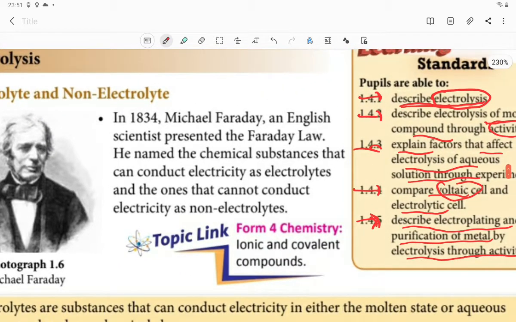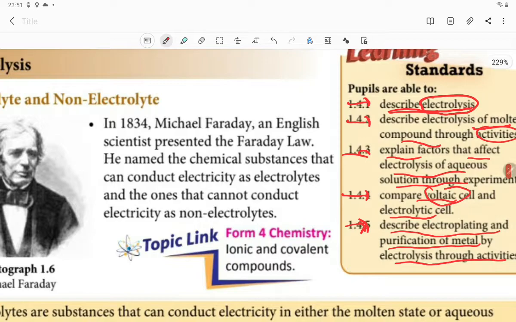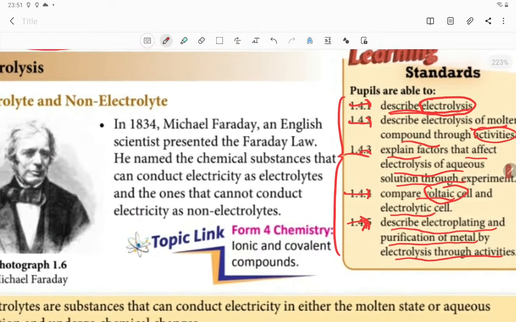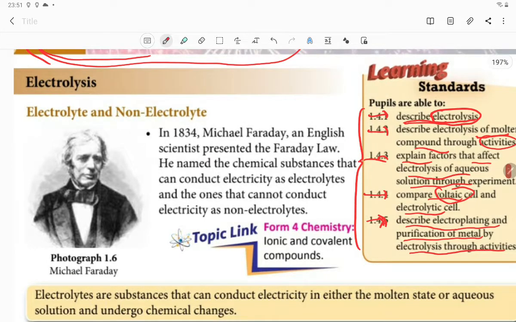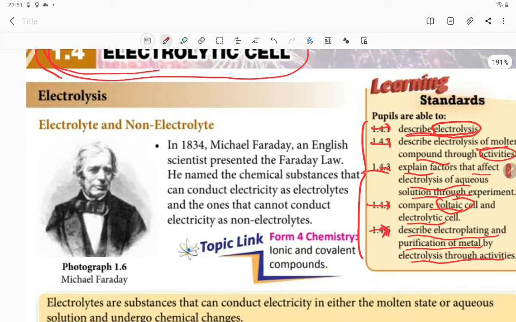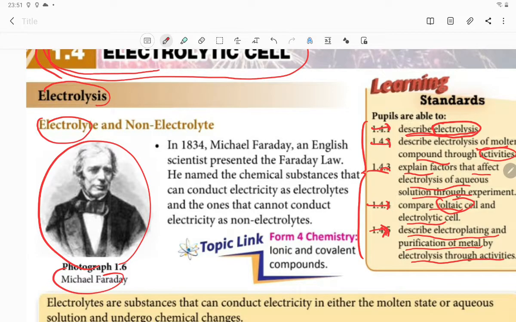Okay, so before we move on with all the hard, complicated content, we're going to take a look at electrolyte in detail. Electrolyte and non-electrolyte. Okay, the person here is named Michael Faraday.